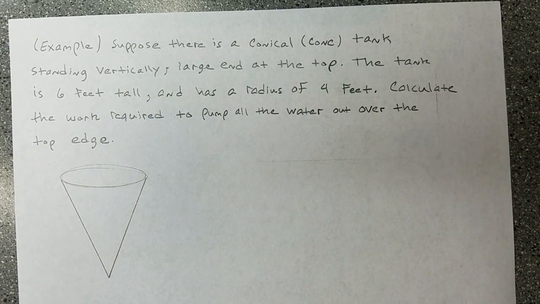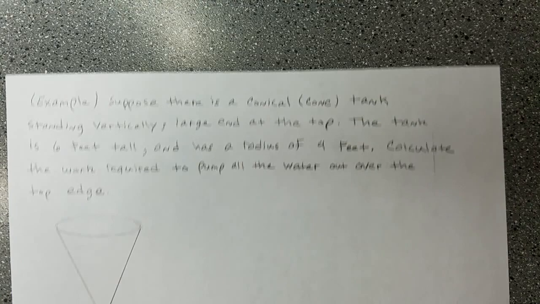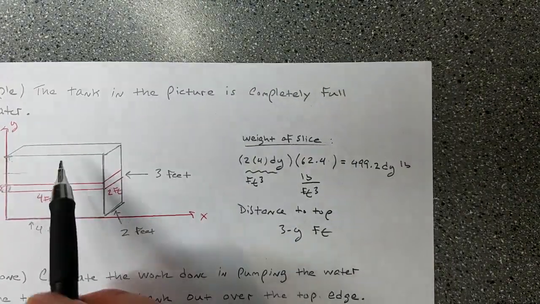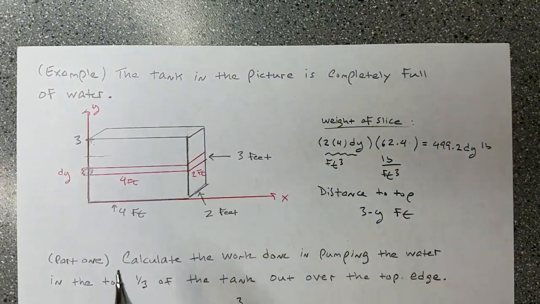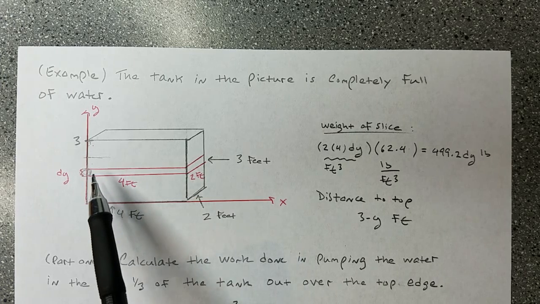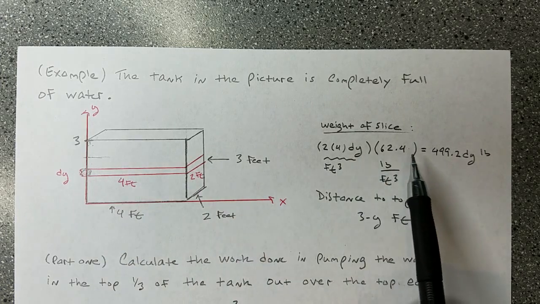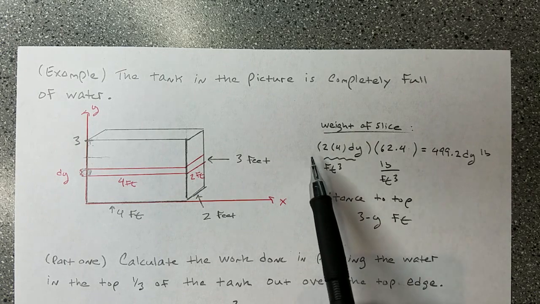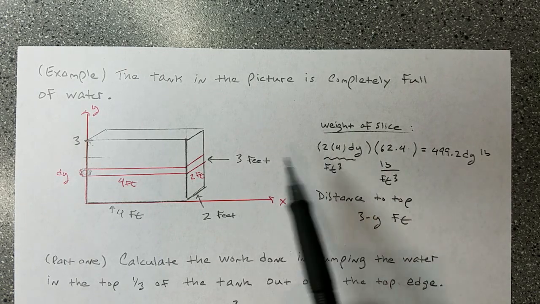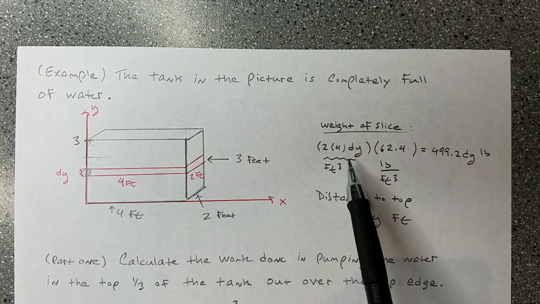So it reads like the last one, but the shape of the tank is different, and that will change a lot about it. It's not going to change the general approach that we take: this imaginary slice of the tank, we calculate its weight, meaning we find its volume, its thickness will be dy.